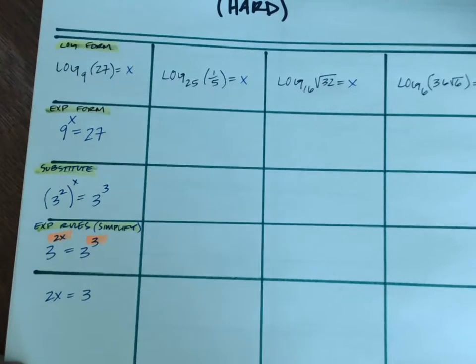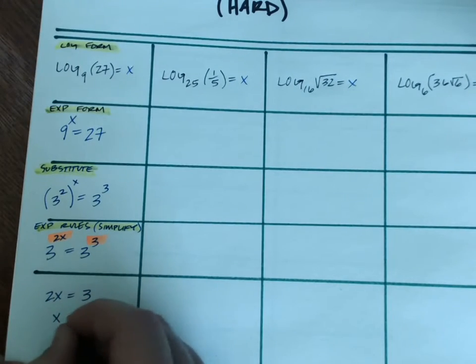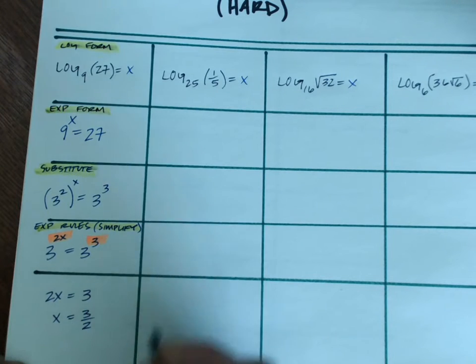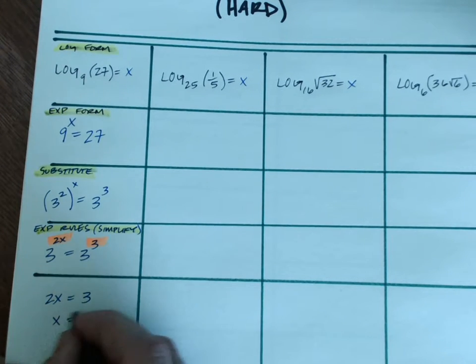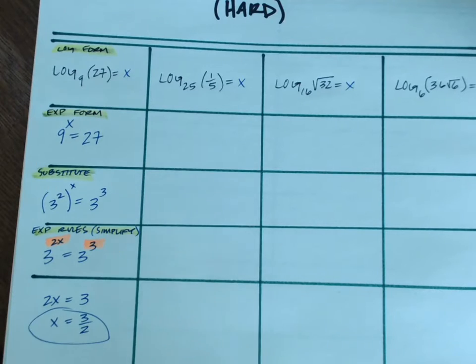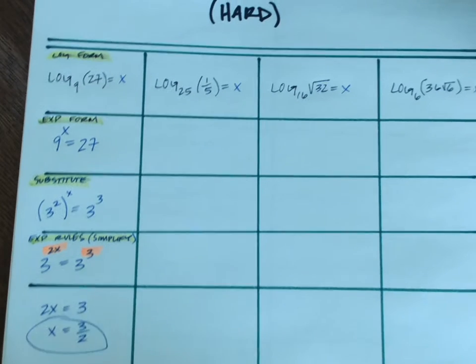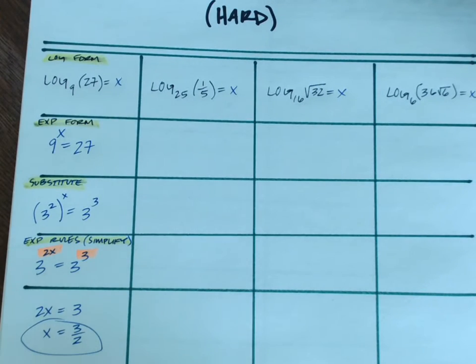Solve for x, meaning that we'll divide by 2. So x is 3 over 2, or 1.5 if you will. And so that's done. So those are the steps that we're going to follow to evaluate these.